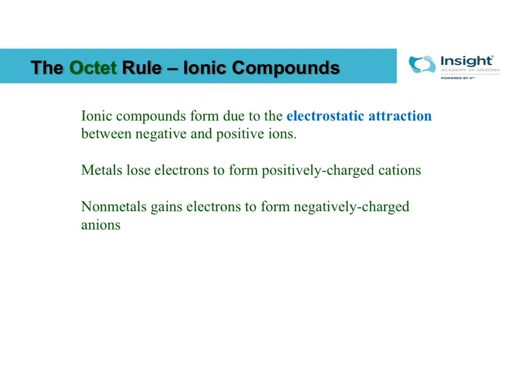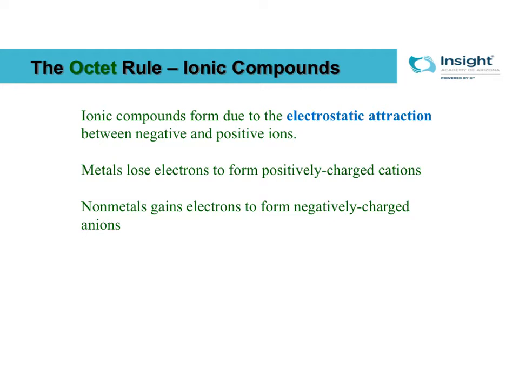All right, so ionic compounds form due to the electrostatic attraction between negative and positive ions. So when these ions form to fill or empty their shells so that they have a full octet, they form these positives and negatives, and those positives and negatives attract each other.